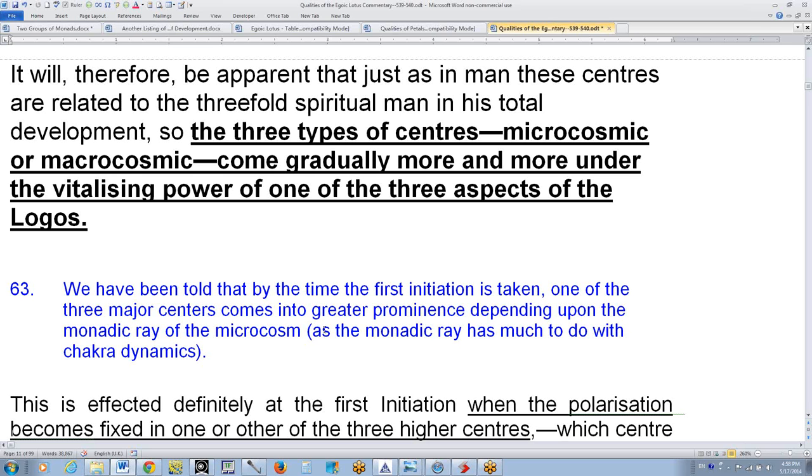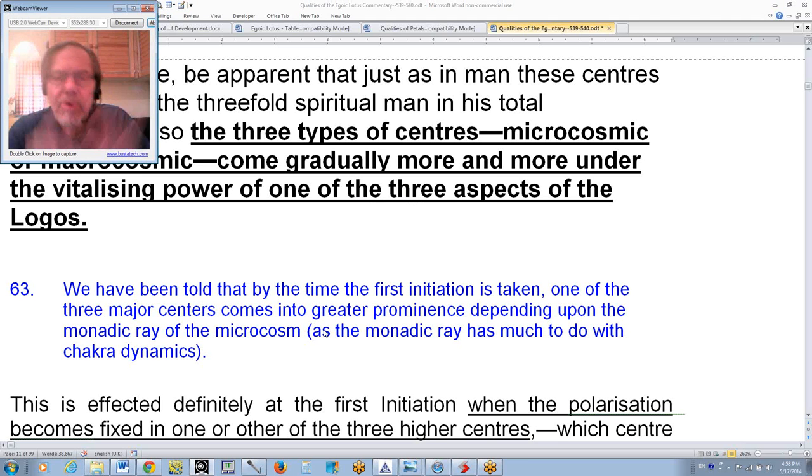We've been told that by the time the first initiation is taken, one of the three major centers comes into greater prominence, depending upon the monadic ray of the microcosm, as the monadic ray has much to do with chakra dynamics, indeed, and how the various triangles of the chakras, different points within the triangle, are activated according to the monadic ray.